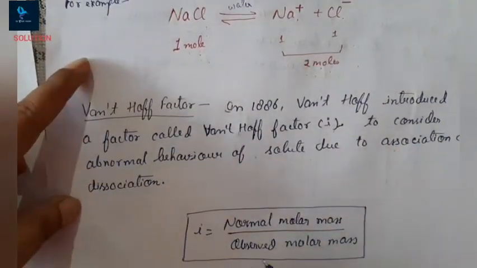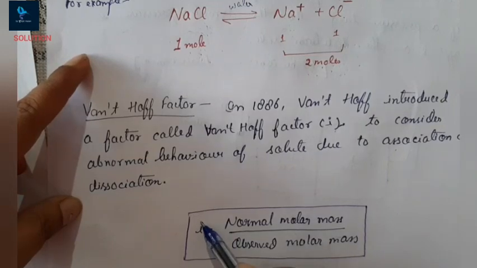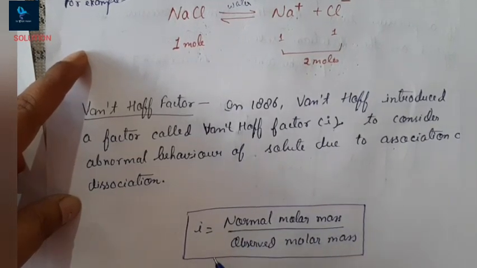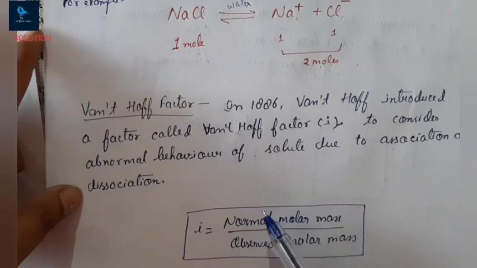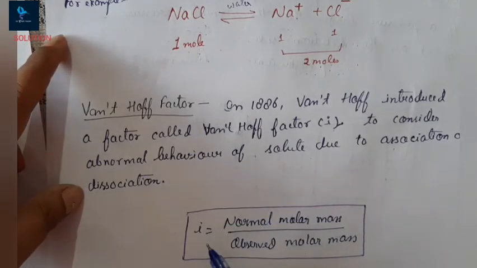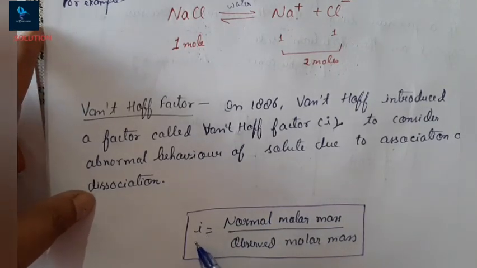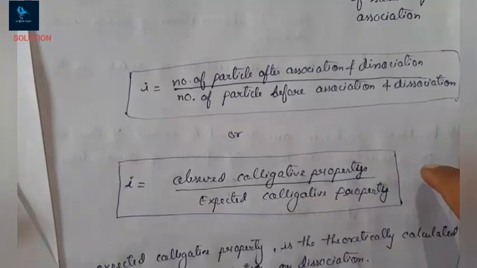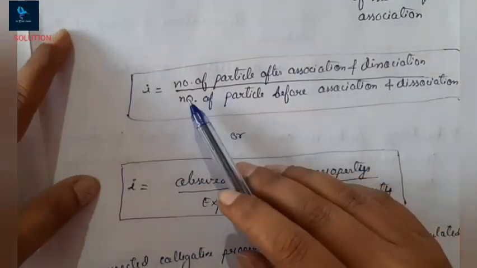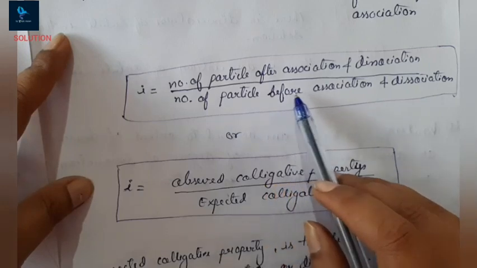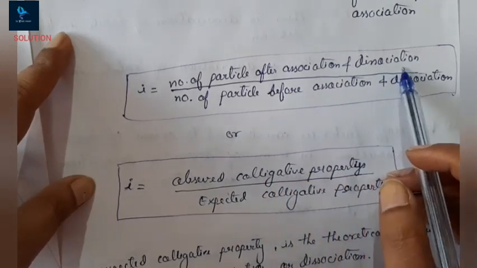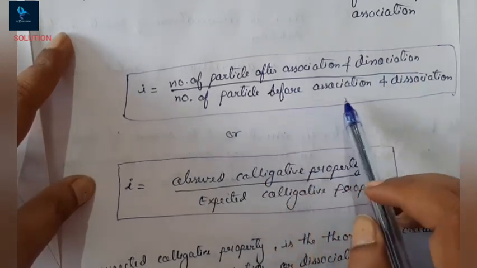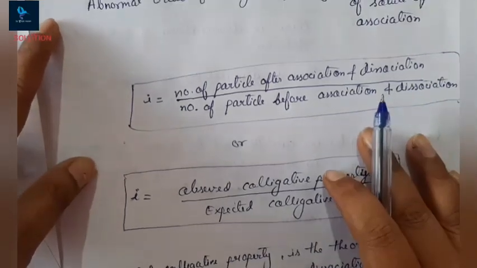According to him, there are formulas to correct the abnormal molar mass. First, the Van 't Hoff factor i equals normal molar mass divided by observed molar mass, or i equals the number of particles after association or dissociation divided by the number of particles before association or dissociation.